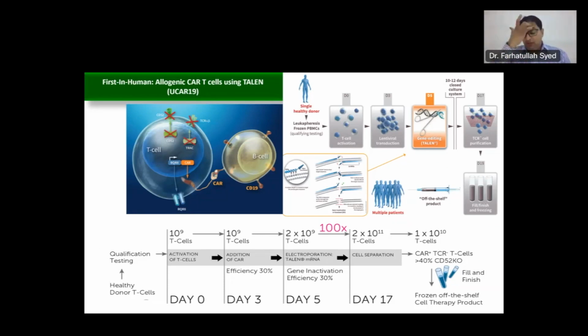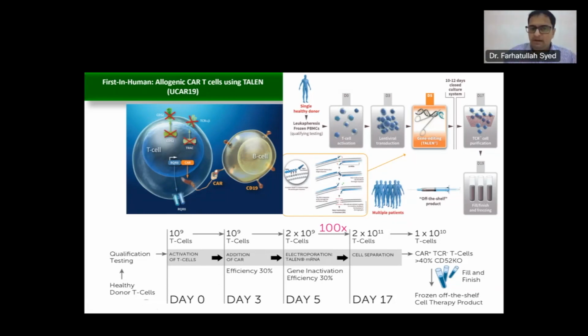So it is a very laborious method. The entire procedure takes 20 days. We take 1 billion cells on day 0, activate them, and after 48 hours we transduce them for expression of the CAR.